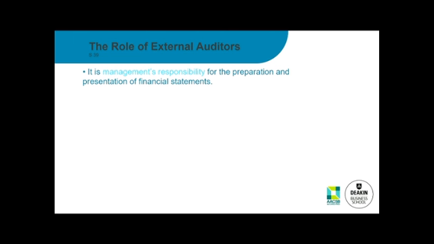So we need someone independent, such as an external auditor, to oversee the presentation and make sure that the information that's included is credible. So that's the role of the auditor, to check what's been presented by management.